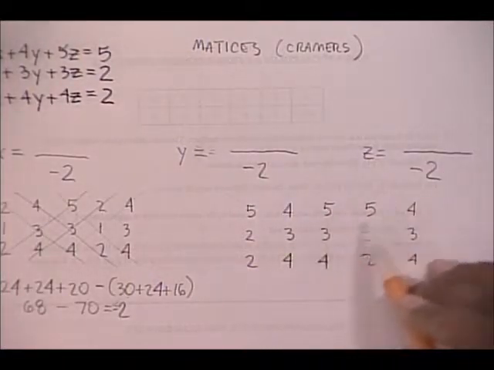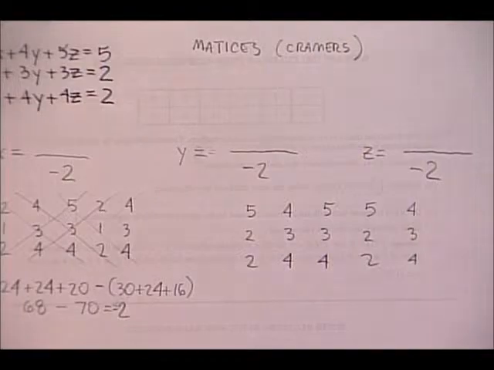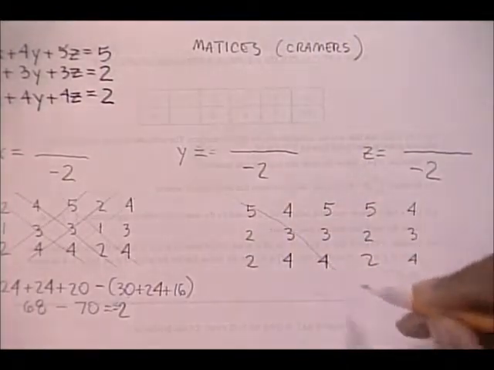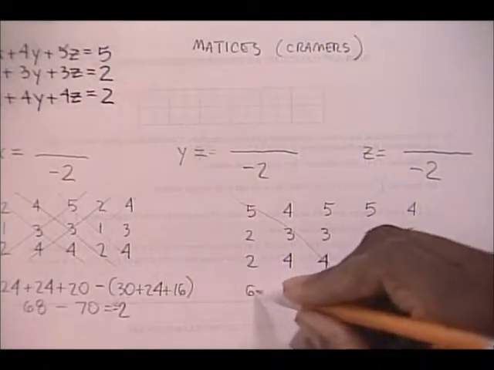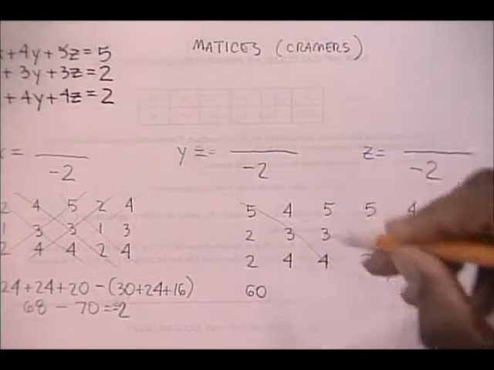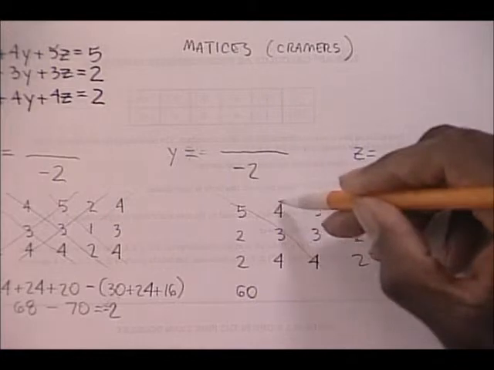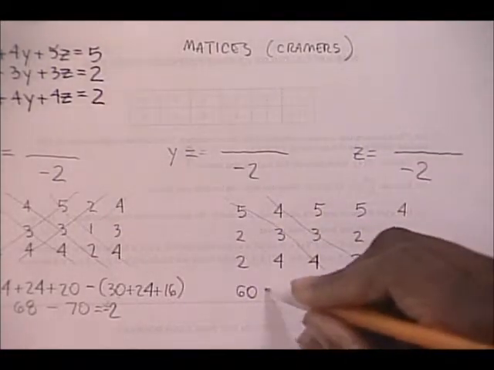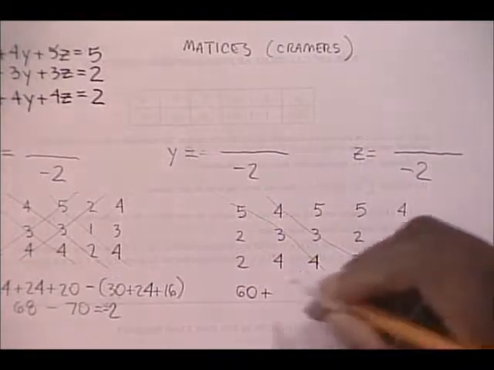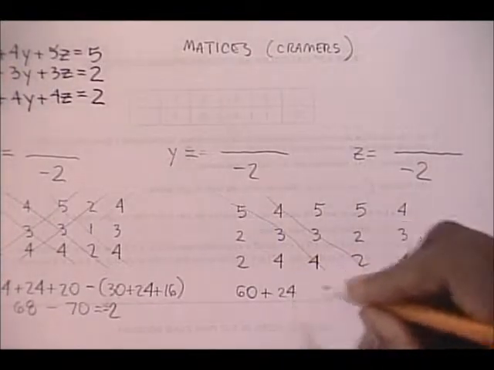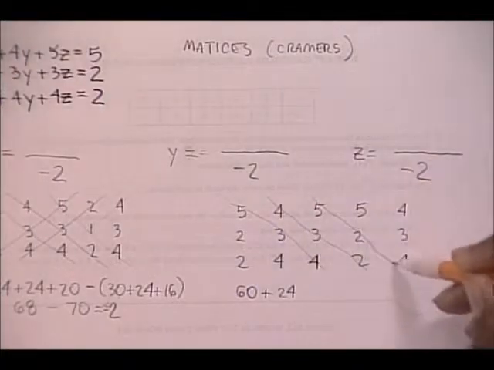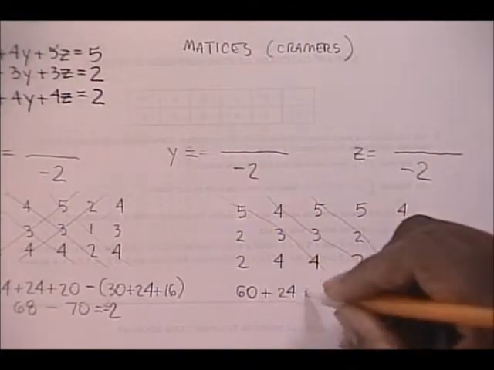We get 4 times 3 is 12, times 5, which is 60. And we've got 12 times 2, that is plus 24. And now we have 10 times 4, which is 40, plus 40.